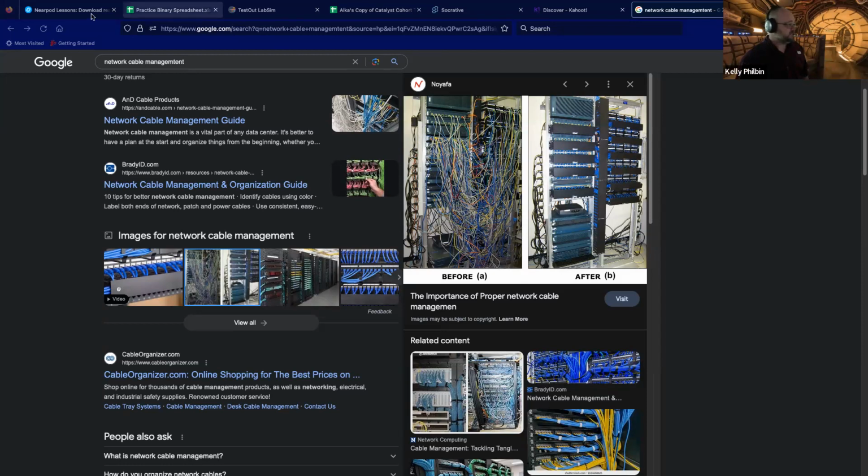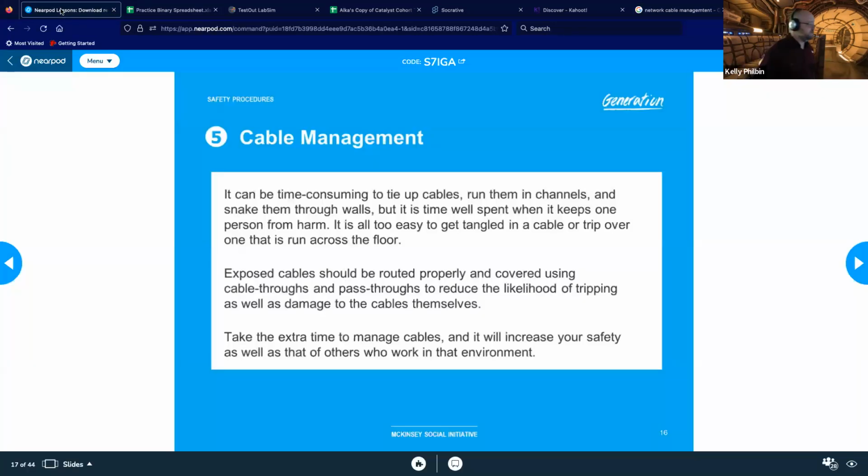So you would use things like cable straps. You would use pass-throughs. If cables have to run along the floor, they have conduit that looks like a little speed bump, and they can run it through those conduits. You don't duct tape a cable down to the floor. They have a lot of stuff to help you manage it and make it look nice, covers, all that kind of fun stuff.